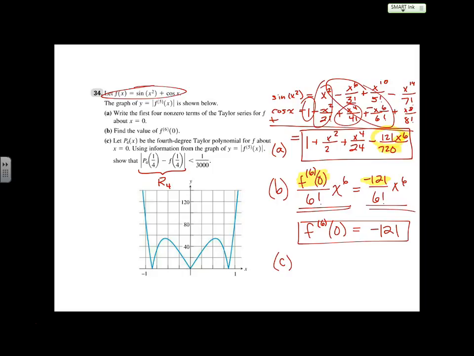Now, don't go taking this number and doing anything with it. Hold on to it. It's just a clue.